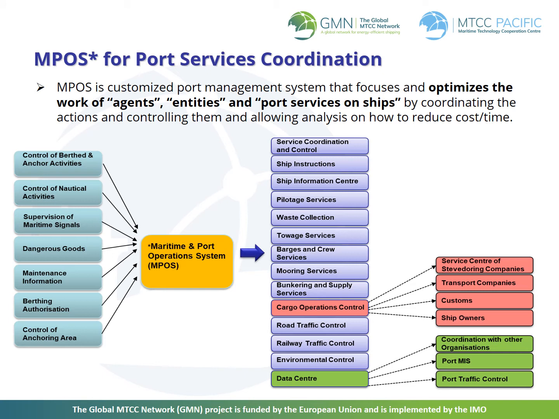After issuing the preliminary berthing authorization, the MPOS compares it with information from the anchoring area and with activities of any anchored or berthed ships, nautical activities inside the harbour, status of maritime signals, maintenance status of berths, and then informs the berthing operation to the ship and the pilot service.